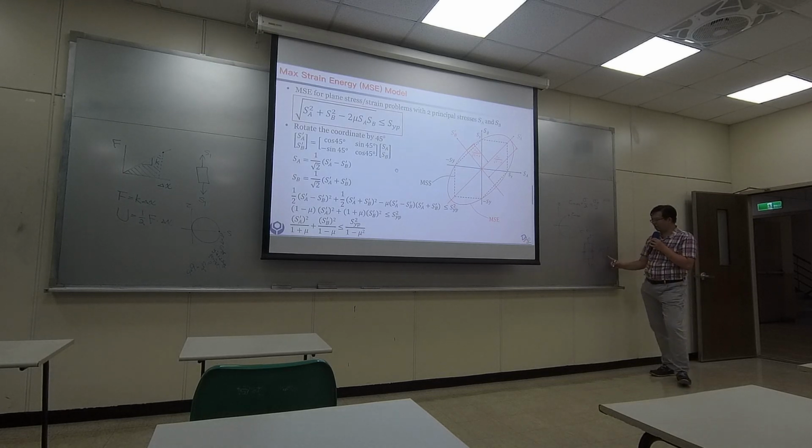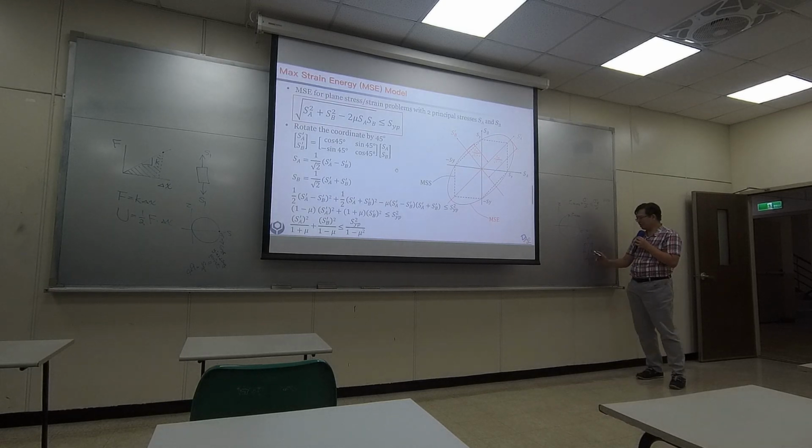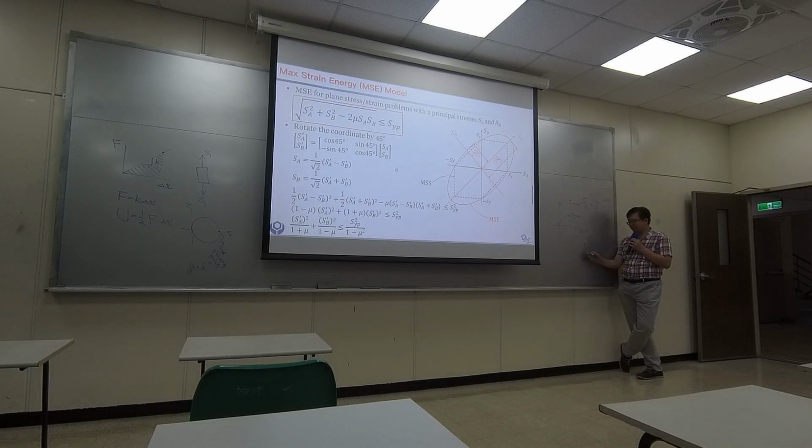Why is it 0.5? Because you can shrink up to a half of it. The amount of your shrinkage can only be a half of the original length. Okay? If this is the original length, you can only shrink up to a half of it.